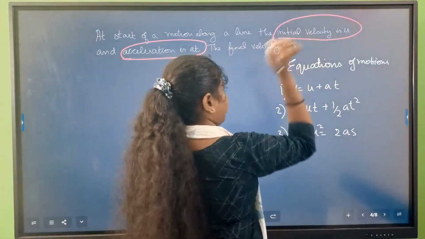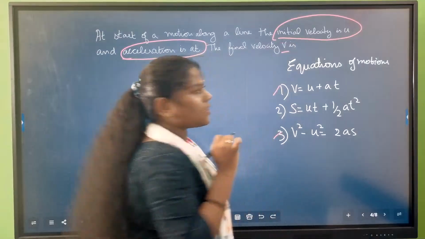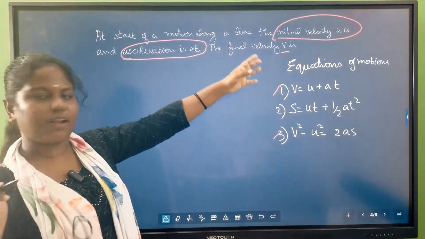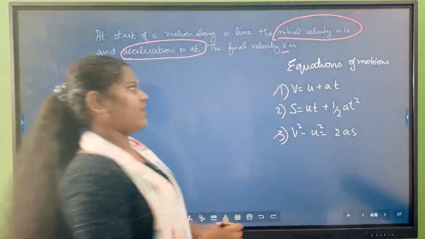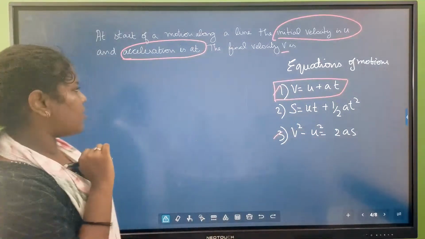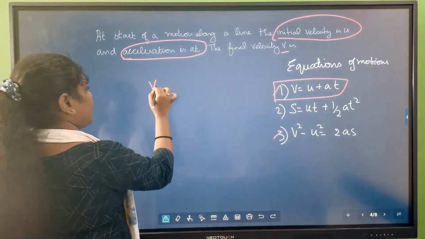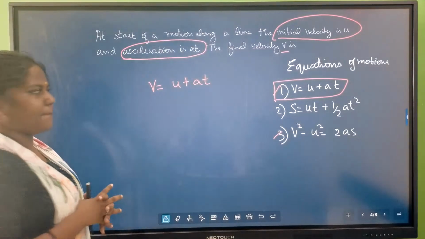Final velocity வேணும். இவங்க கொடுத்திருக்கிற இன்ஃபர்மேஷன் சும்மா ரிலேட் பண்ணுங்க. Your initial velocity is u, your acceleration is at, and we have to find final velocity. So in the first equation, your answer is v equal to u plus at. Okay, yes.